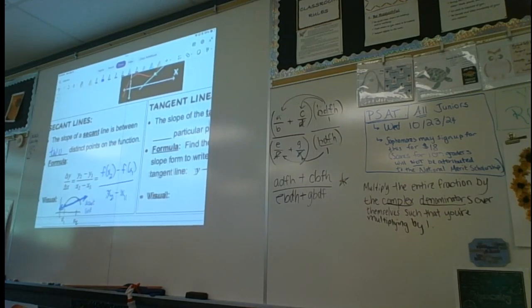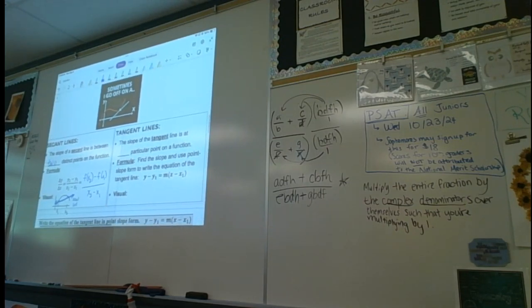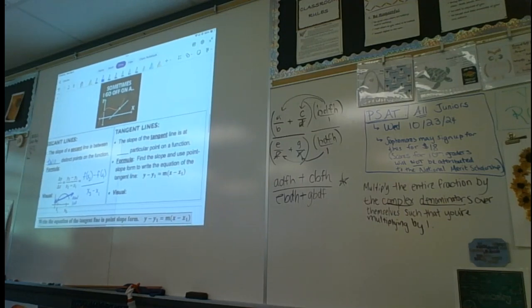The tangent is different in that it's only a line at 1 point. The slope of the tangent line is at 1 point on a function. What you do is you find the slope and use point slope form to write the equation of the tangent line. A visual of this: make your xy.